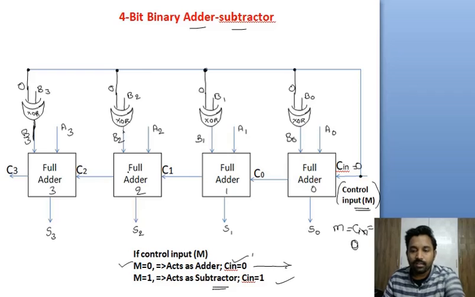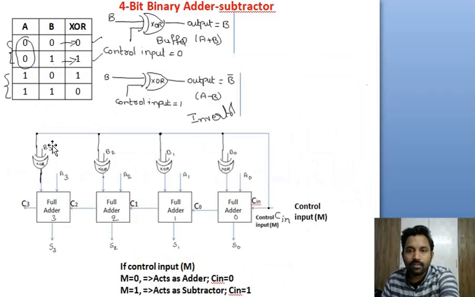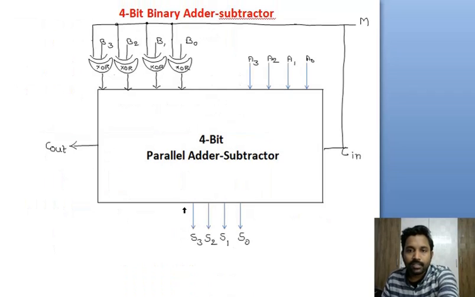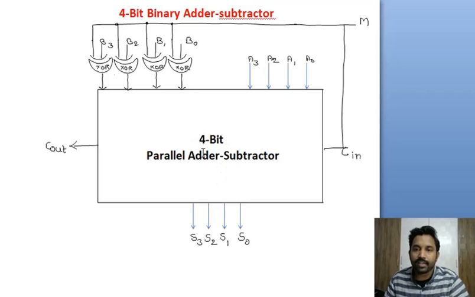So this is the circuit diagram and some of the internal operation. And this is the overall block diagram. This is the 4-bit parallel adder subtractor, and you can observe the 4 XOR gates. The control signal is M, let us assume.